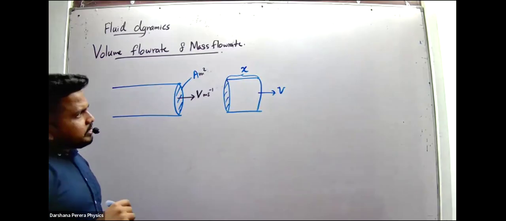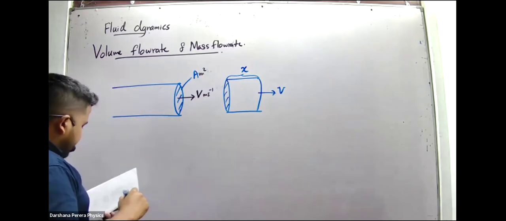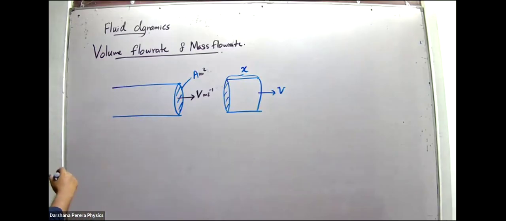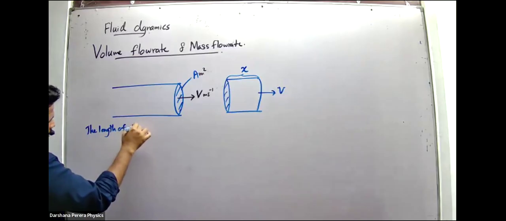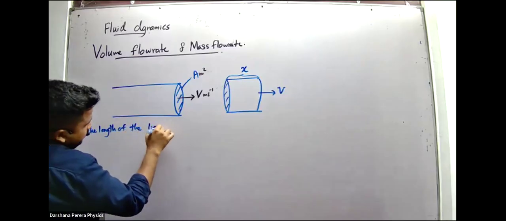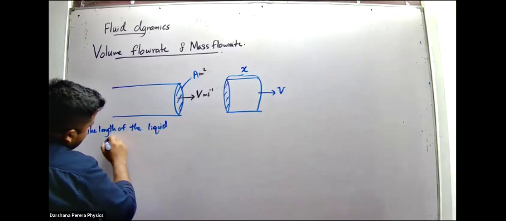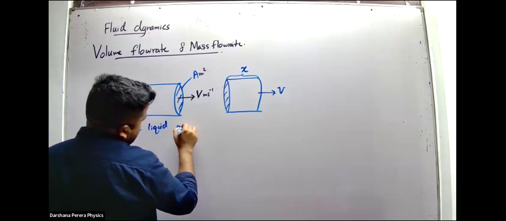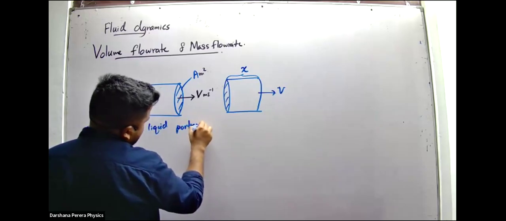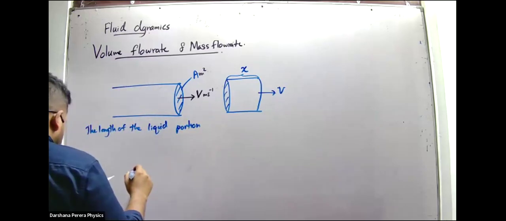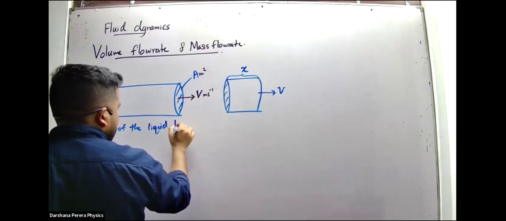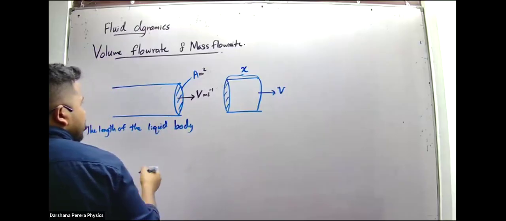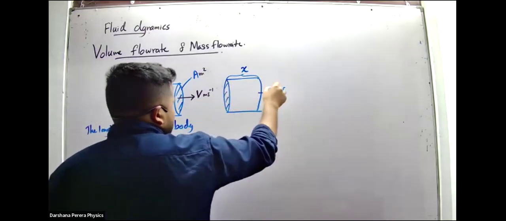If we travel with time t, I take the length of the liquid portion, the liquid body. We know it's traveling with uniform velocity.